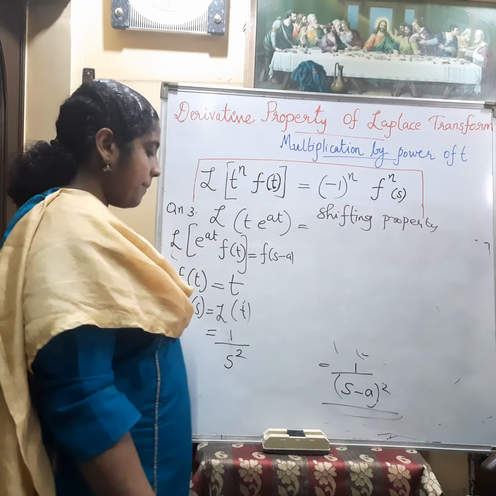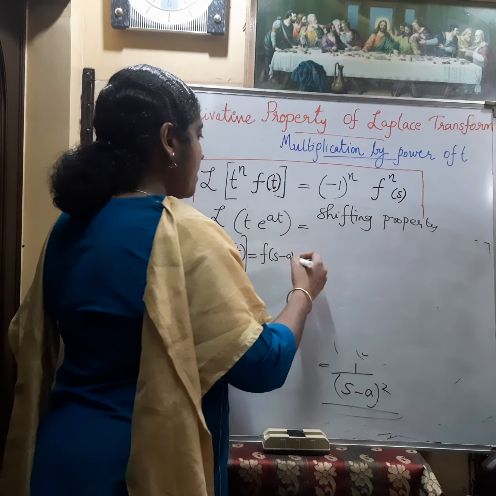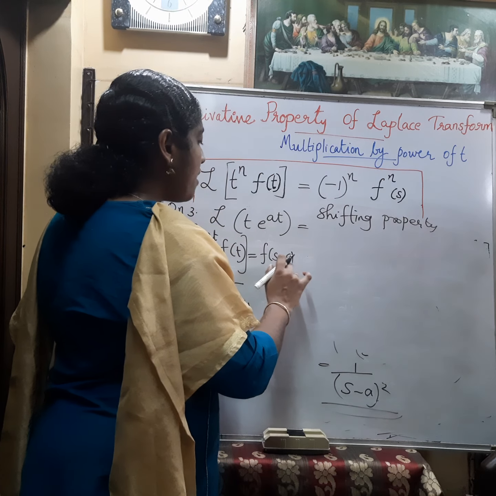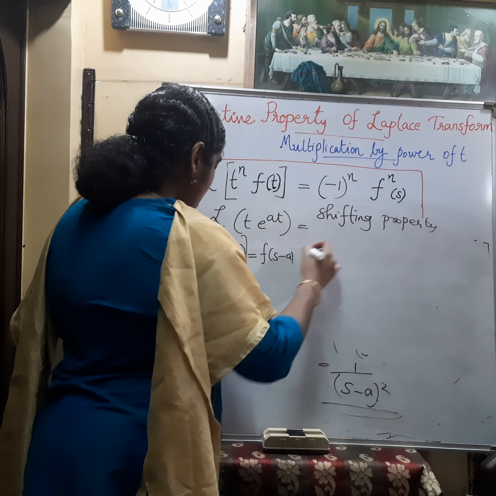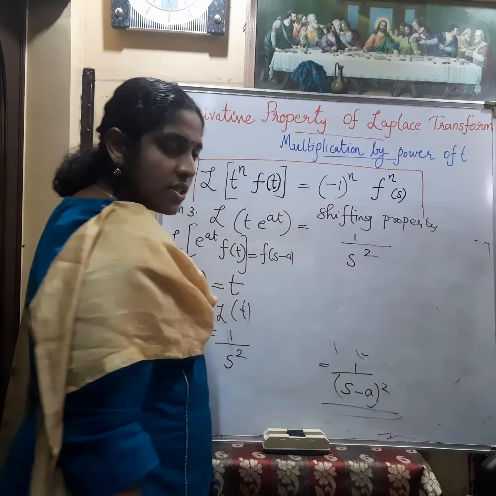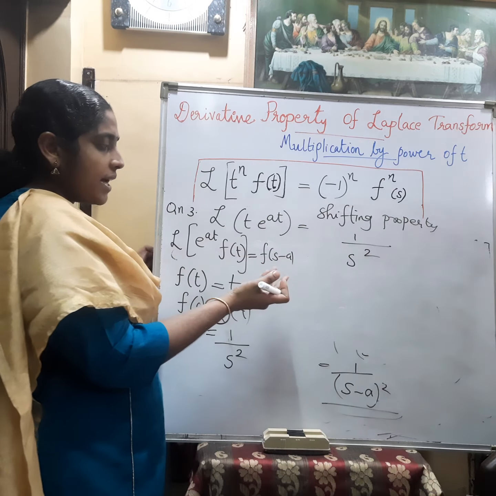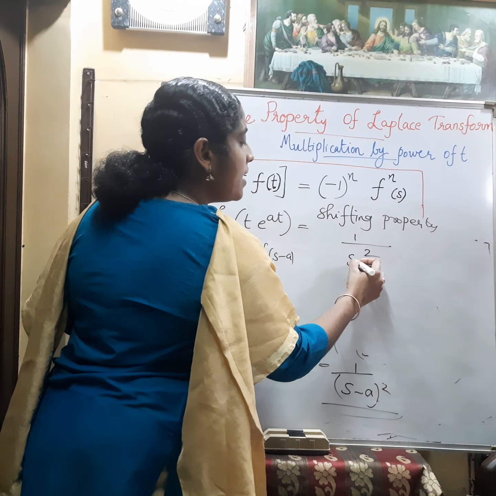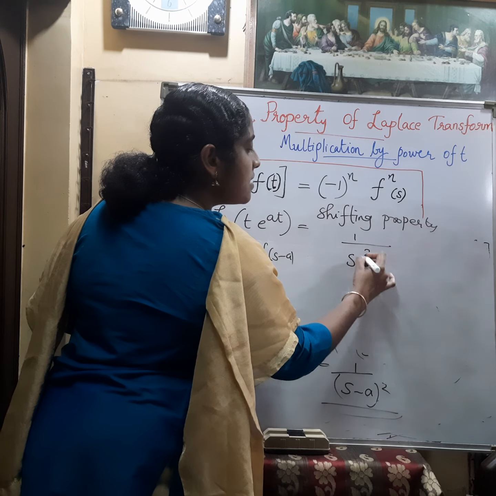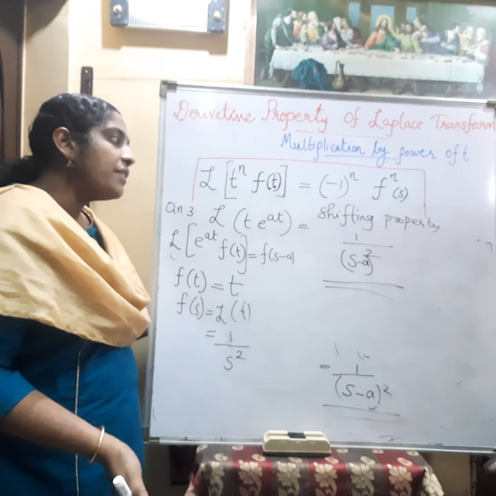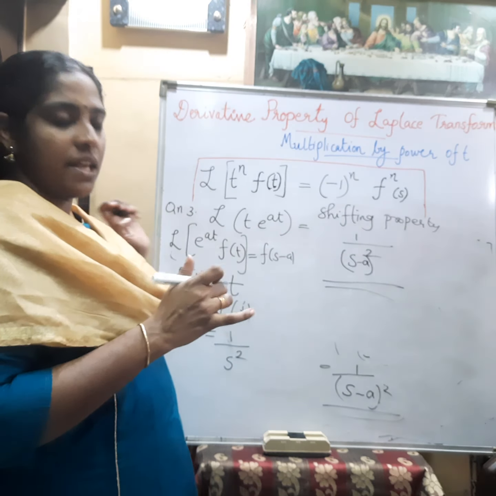So according to the shifting property, the answer is F of s minus a, that is the s parameter is shifted by an amount a, so s becomes s minus a. See, we got the same answer. Using the derivative property or the shifting property, we are getting the same answer.